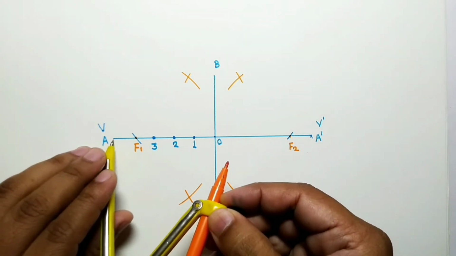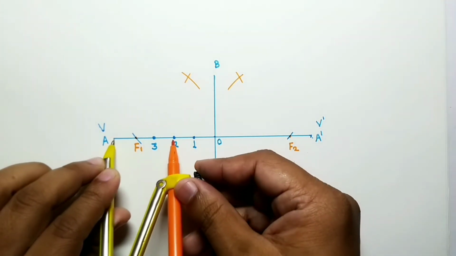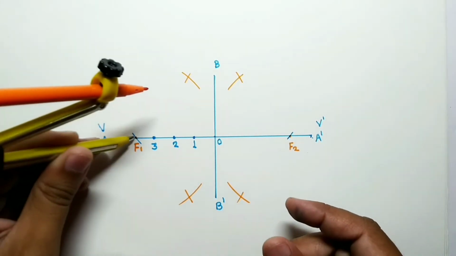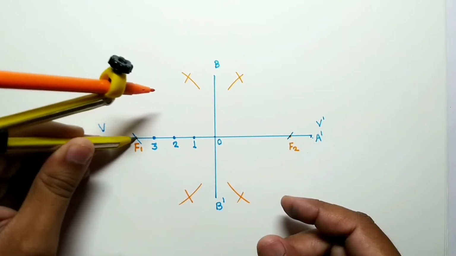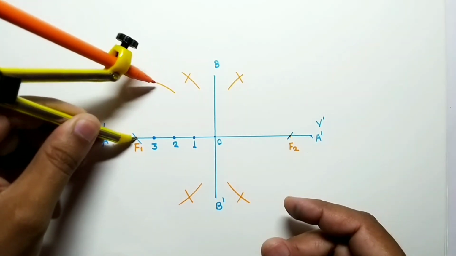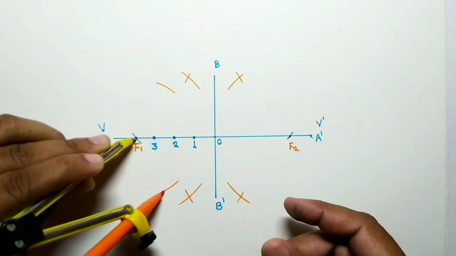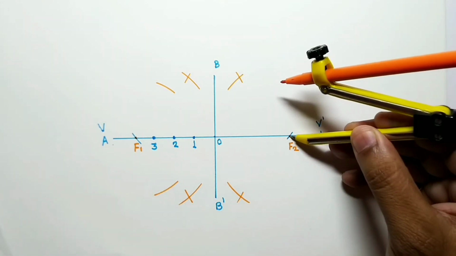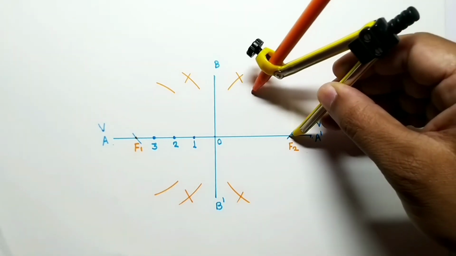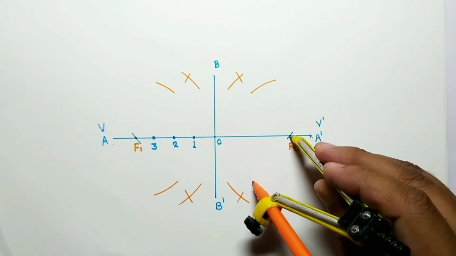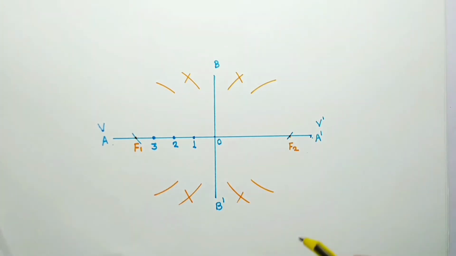Then take the distance A to 2, with F1 as a center, mark one arc on the upside and one arc on the downside. Similarly, take the center as F2, mark one arc on the upside and one on the downside.